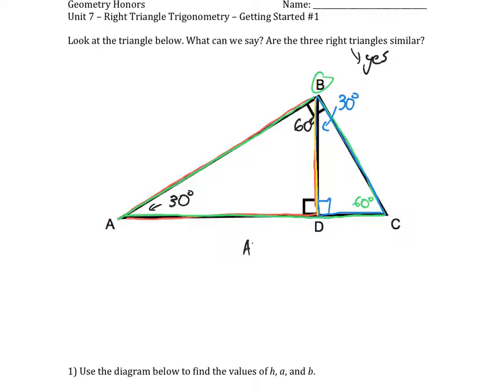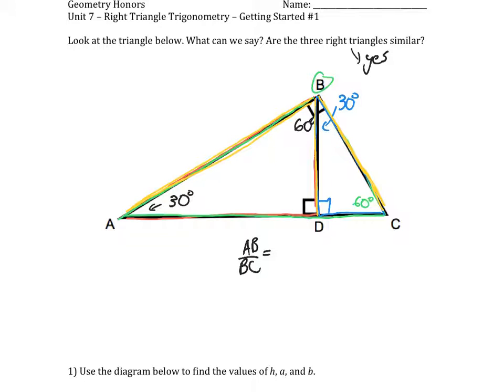I could say maybe that AB over BC equals, what could AB over BC equal? Let's take a look at what AB is. AB is that side there, and BC is that side there.